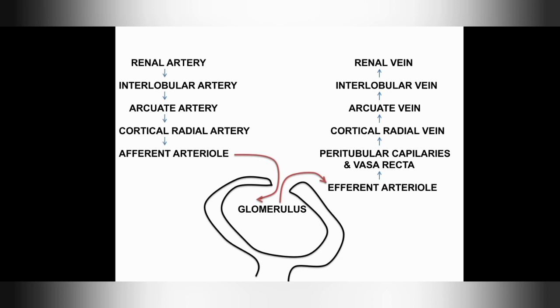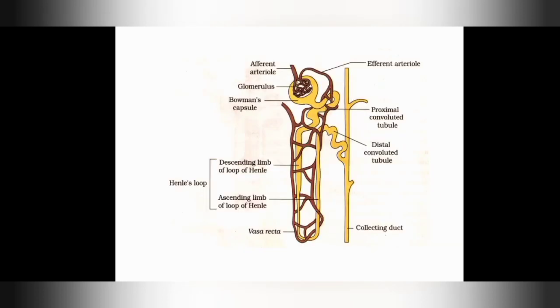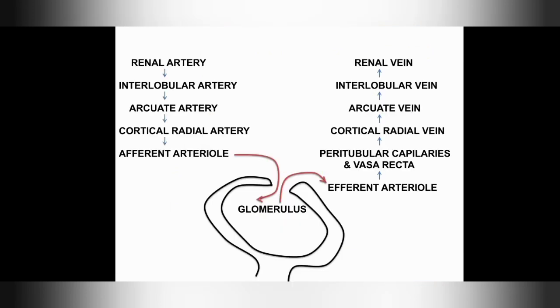Now from these efferent arterioles, peritubular capillaries and the vasa recta originate. I already showed you what the peritubular capillaries are. Just look at this: the reddish and blackish colored capillaries. The yellow one is our nephron, and the red or black colored thing is the peritubular capillary, which originates from the efferent arterioles, and their role is absorption and secretion of substances directly into and out of the blood.